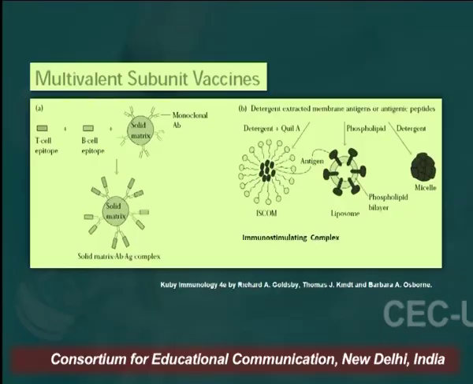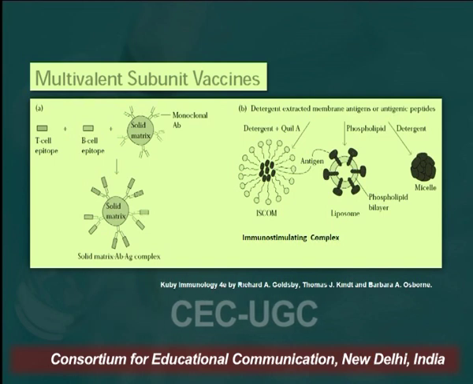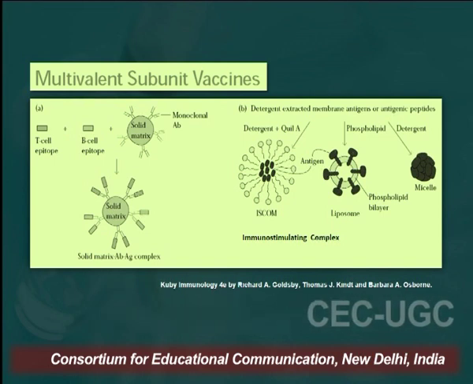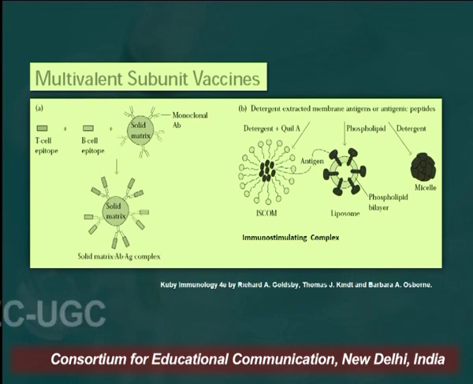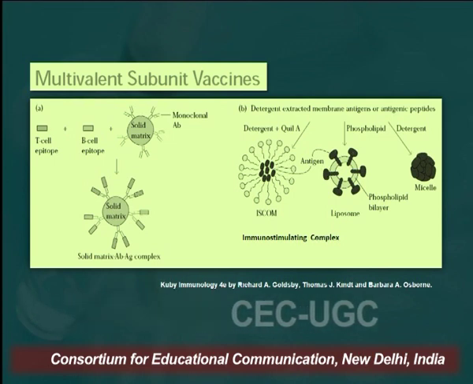Now the next type of vaccines are called the multivalent subunit vaccines. As the name suggests, it means that different types of epitopes or antibody-producing molecules are attached to a certain carrier molecule.